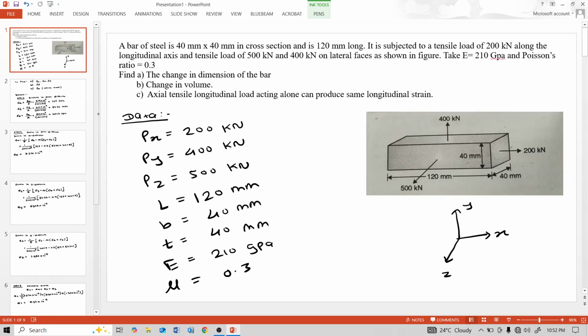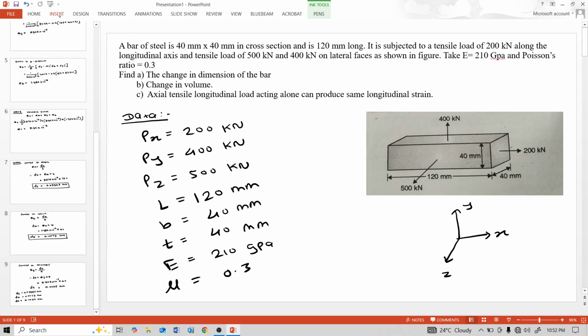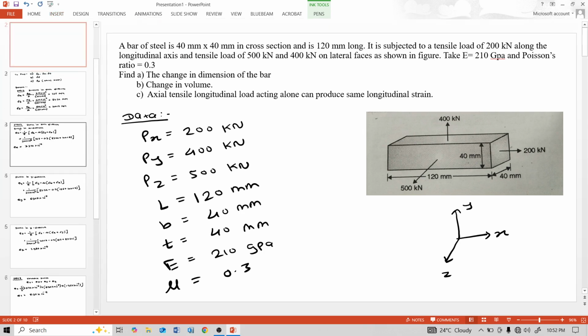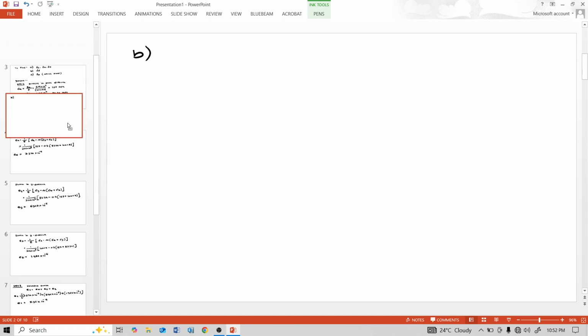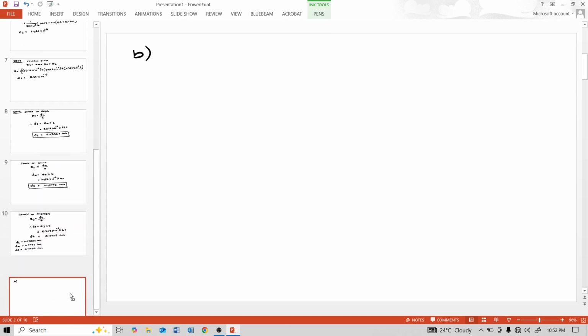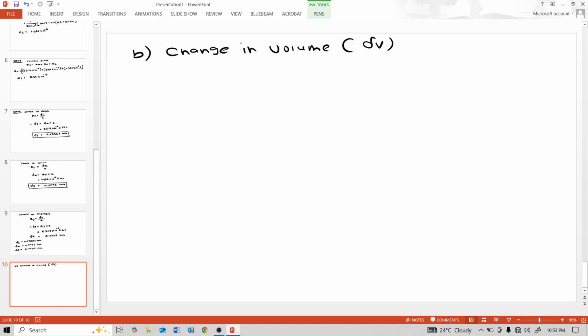Next, calculate change in volume, delta V. For calculation of change in volume, use formula EV, strain in volume, which is equal to change in volume upon original volume.